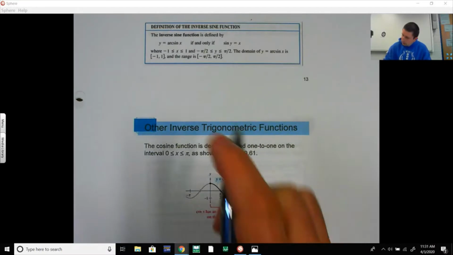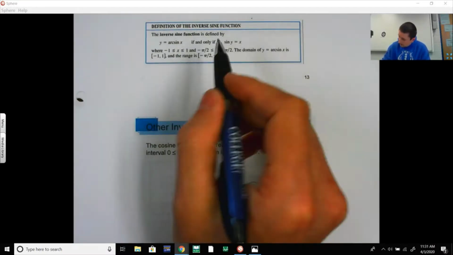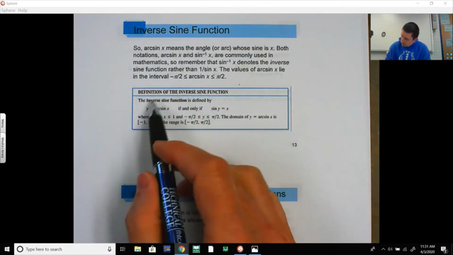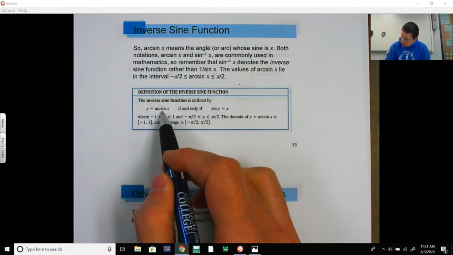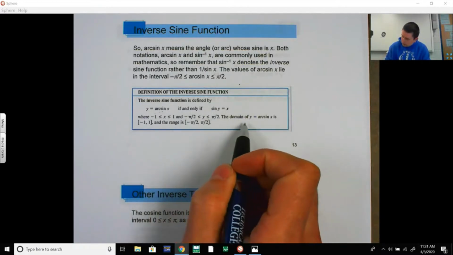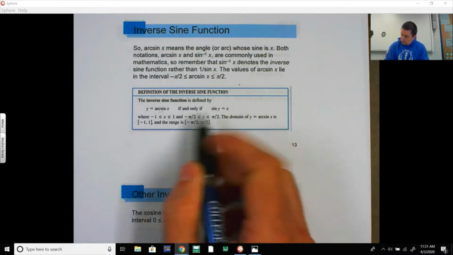Okay. So here's the inverse sine, and what you need to know. The inverse sine of a function is defined by y equals arc sine x, if and only if sine of y equals x. The domain of arc sine x is -1 to 1.